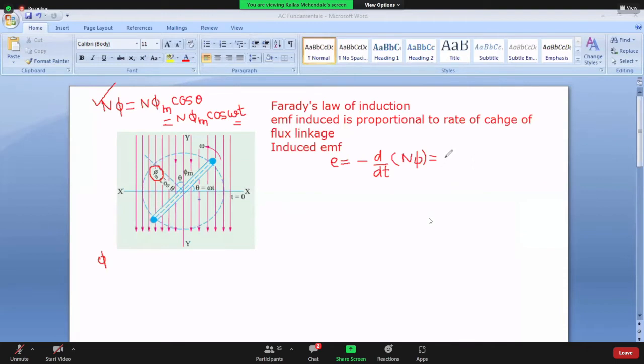So let us put in for phi. It will be equal to d by dt of N into phi m cos omega t.